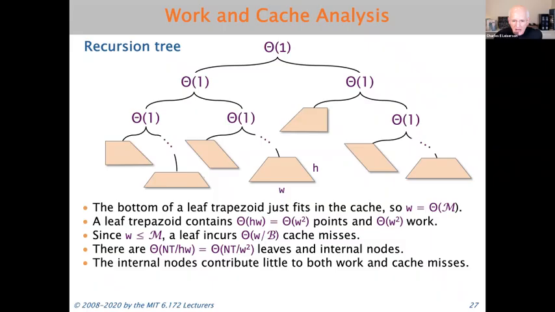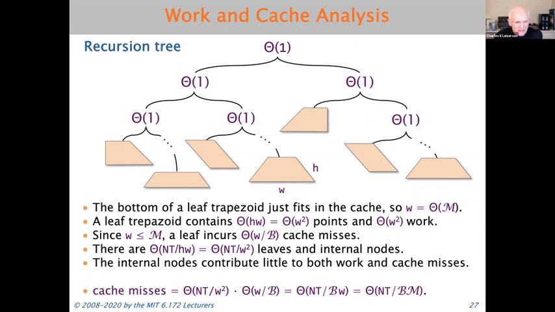So it turns out they don't contribute significantly either to the work or to the cache misses. All the stuff that's going on is in the leaves, in these base case trapezoids.